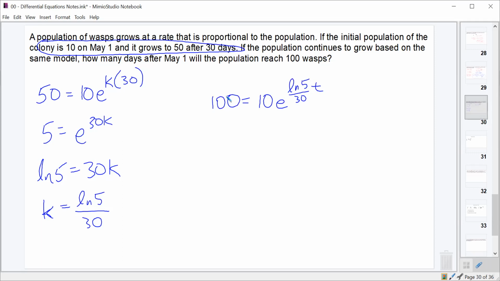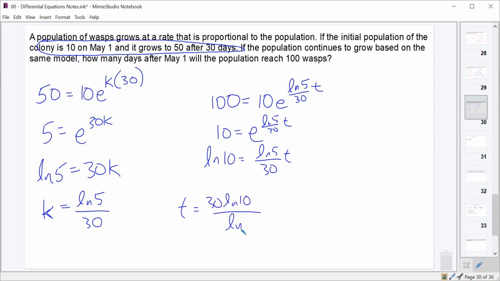So we'll divide both sides by 10. And then we'll take a natural log of both sides. And then we'll rearrange, multiply by 30, and divide by natural log 5.